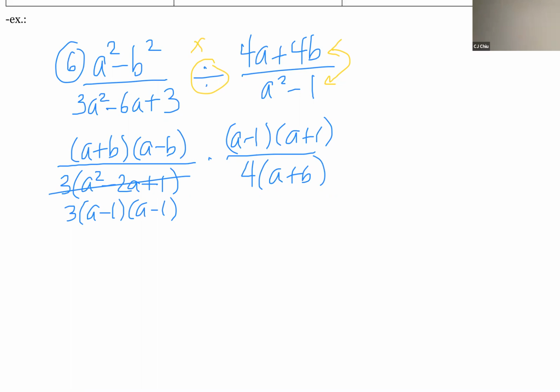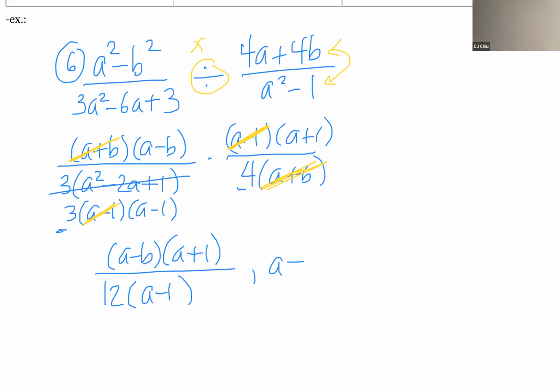So then, once we factor, we can cancel, okay? So a minus 1's go away, a plus b's go away, okay? So then what's our final answer? A minus b, a plus 1, over 3 times 4 gives us 12, and then a minus 1.